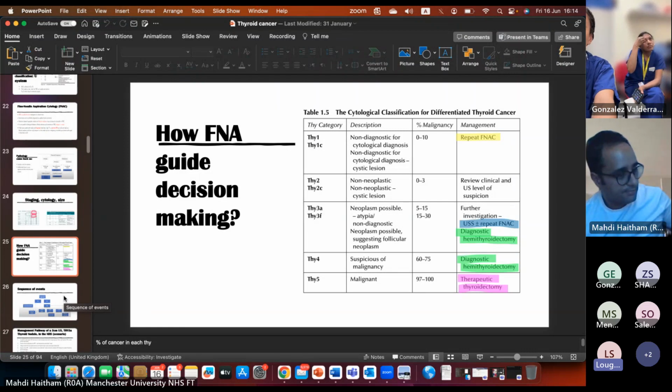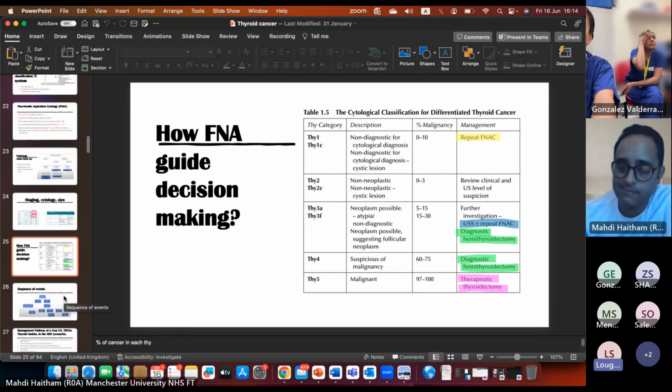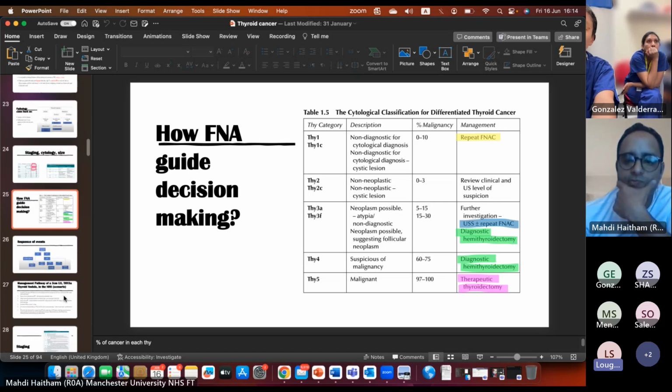But the Thy5 was reviewed externally, and they confirmed it was a Thy5. So some of the Thy5s, a very small percentage, are not going to be malignant, and you just have to keep that in the back of your mind. But overall, it's a very good test with a good positive predictive value, good sensitivity, good specificity, and certainly a lot better than ultrasound characteristics, which have some inherent weaknesses.